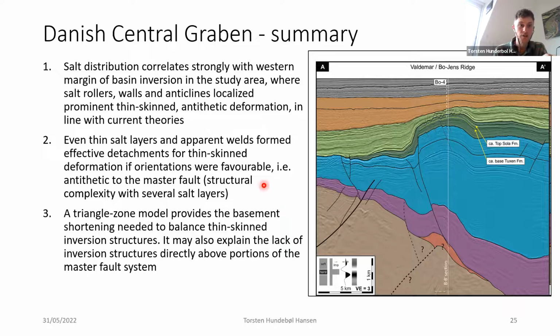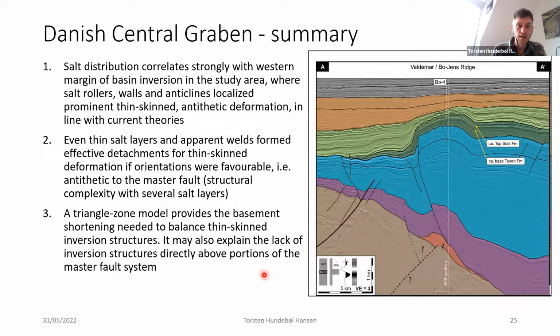We see that even thin salt layers like the Triassic halides and even apparent welds, like for instance down here, still provide effective detachments during inversion and probably also during extension.